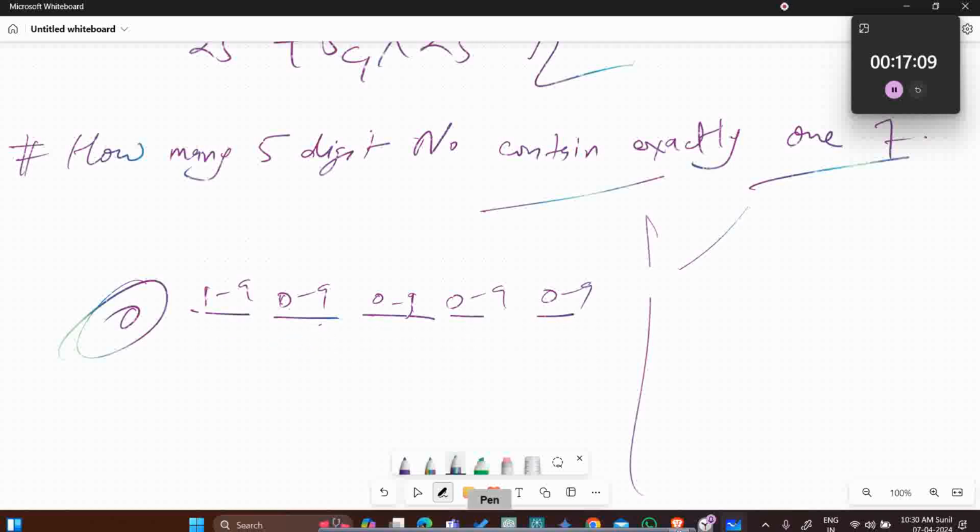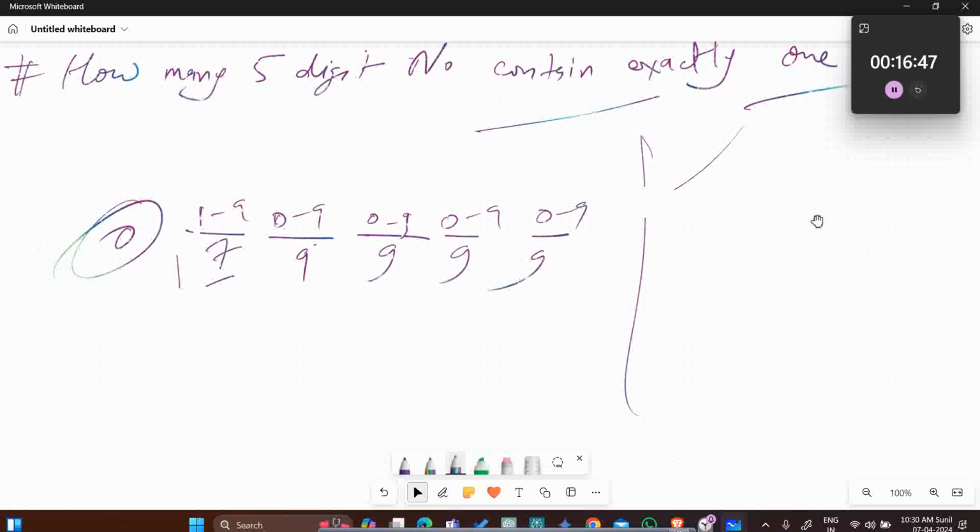When we are starting with 7, how many choices are we left with here? The choices are 9, 9, 9 and 9. This is one case. But we want exactly one 7 here only.